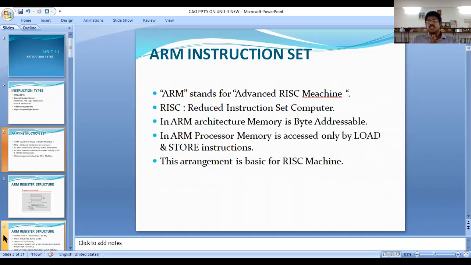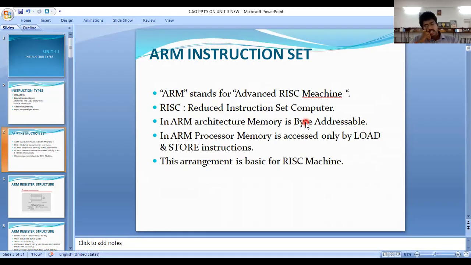ARM stands for Advanced RISC Machine. RISC stands for Reduced Instruction Set Computer.